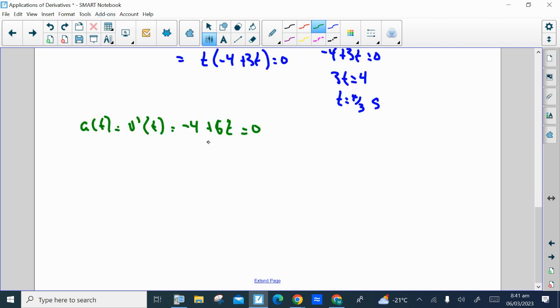So that'll be where 6t equals 4 and t equals 4/6, or 2/3 of a second. So at that point, again, the particle is not speeding up or slowing down, it's going at a constant velocity. Acceleration is 0 at that point.